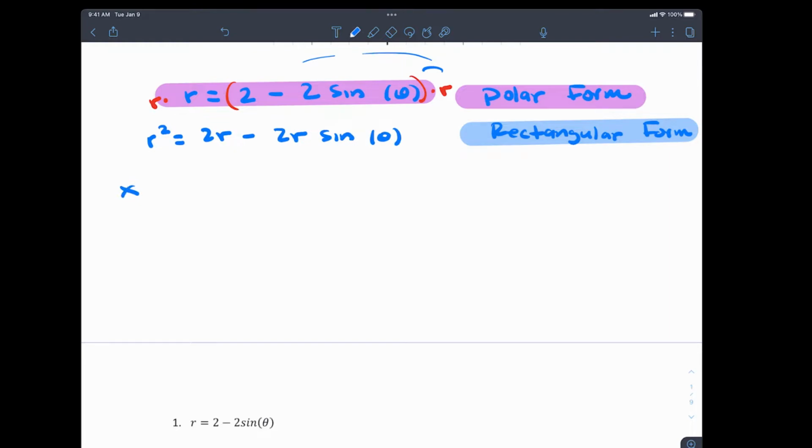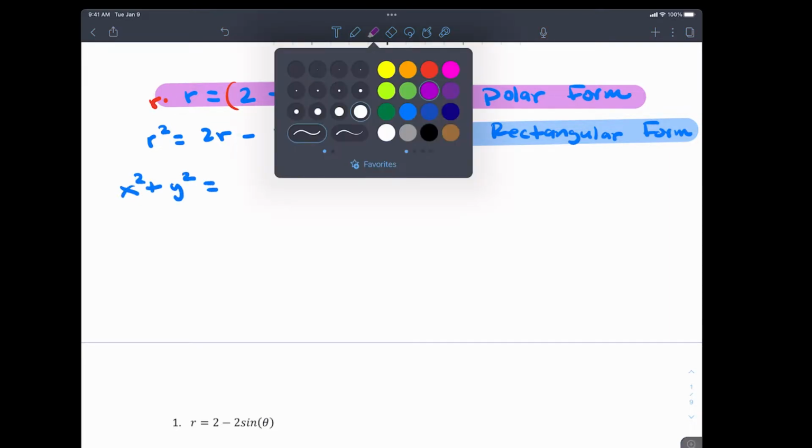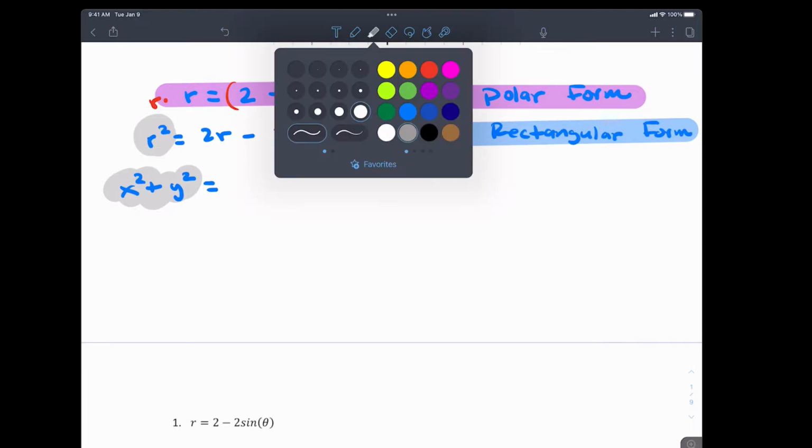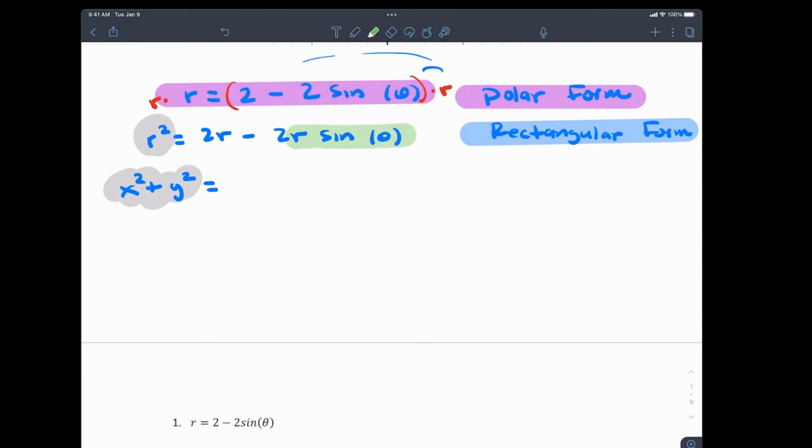This is x squared plus what? y squared. Okay, right in here. I know I'm changing the color on you guys, but the process is the same. Wasn't that the conversion formula? r squared is x squared plus y squared? And then I think I used green over here. What is this? This is 2r minus what? 2y. Okay, you guys okay with that?